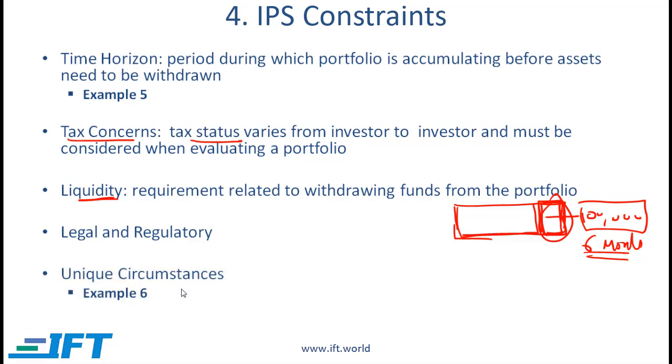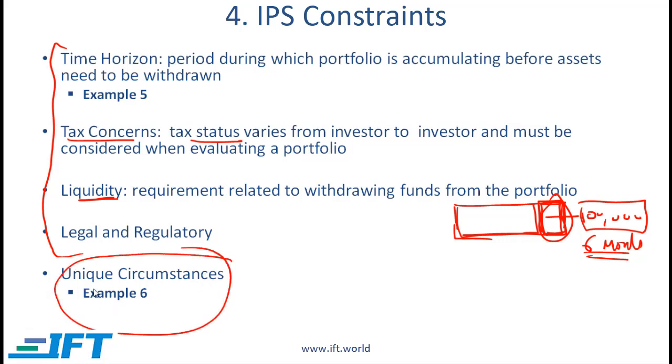Unique circumstances. If there are any requirements or constraints that are not identified over here or that are not specified in the risk and return objectives, they have to be specified under unique circumstances. Example 6 talks about ethically conscious or socially responsible investing.